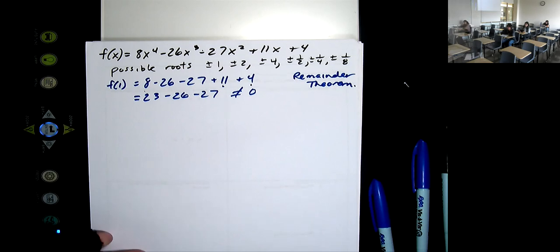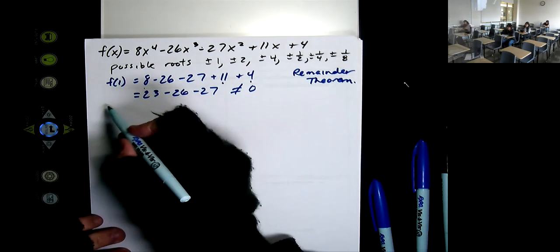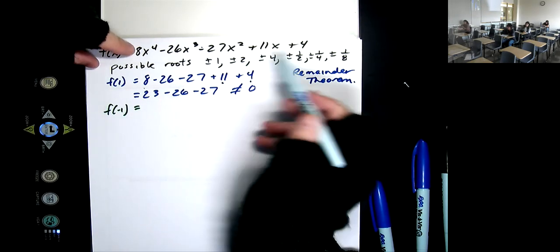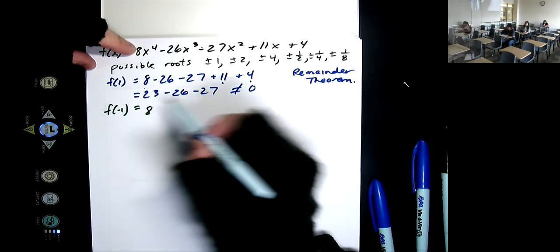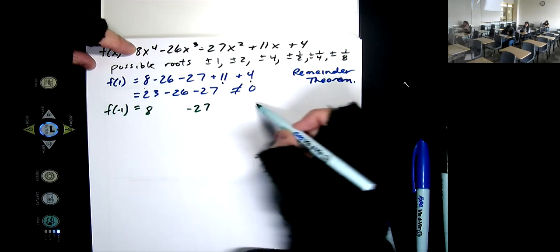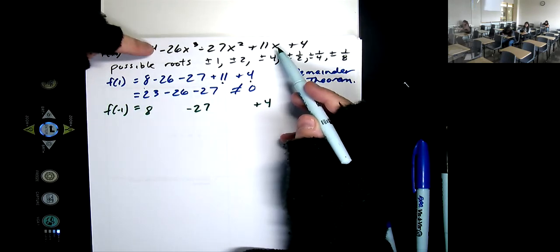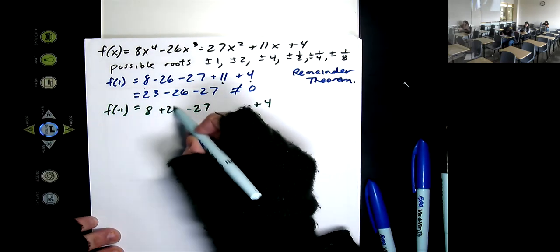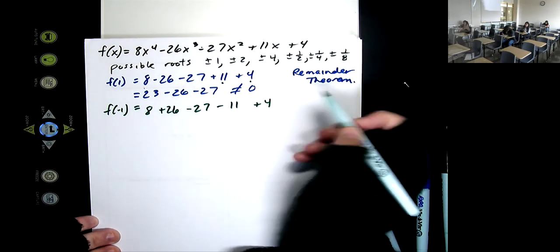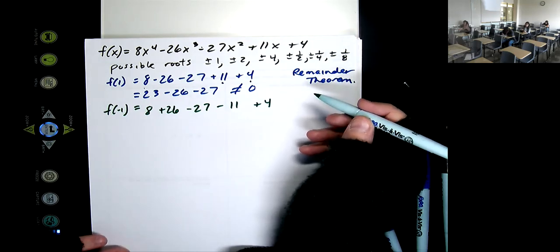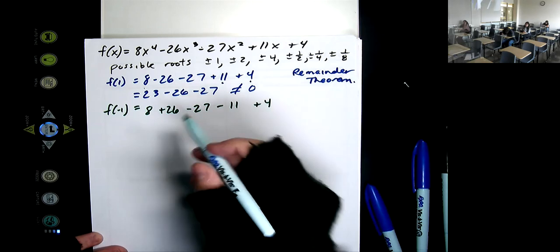Then I'll try -1. All of the even exponents stay the same. And all the odd exponents, when I stick in -1, change sign. Well, this one might actually do it.